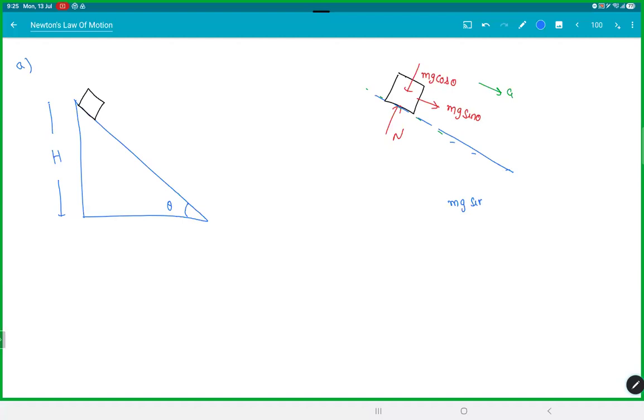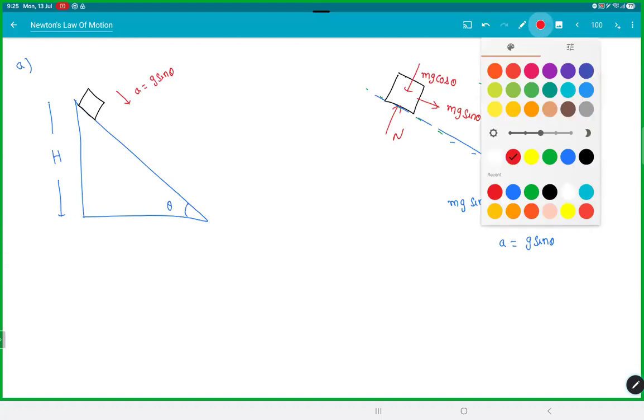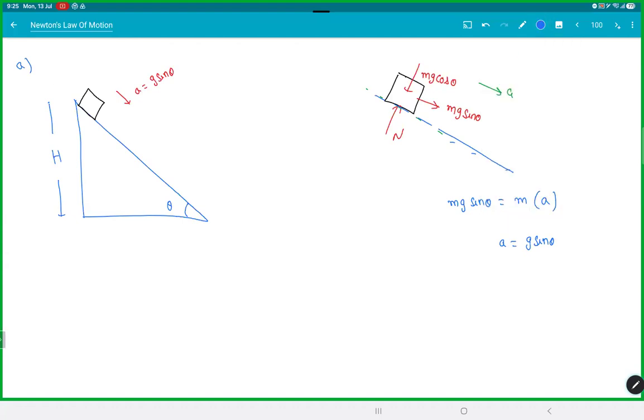That is the only force acting in that direction, equal to mass into acceleration. We are using F is equal to ma. So acceleration is g sine theta. So if you put a block on an incline, it is simply going to slide with an acceleration of g sine theta. Once you got the acceleration, then we have to use kinematics. So the whole length here is h by sine theta.